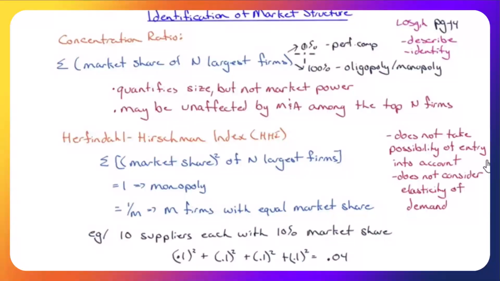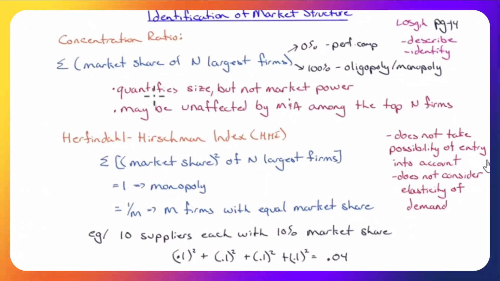I can't really see it ranging as low as 0, simply because if you have the 5 largest firms, it can't possibly be 0, right? But anyways, as it approaches 0, we could say that the industry appears to be characterized by perfect competition. As it approaches 100%, we would say, well, it appears to be characterized by oligopoly or monopoly.